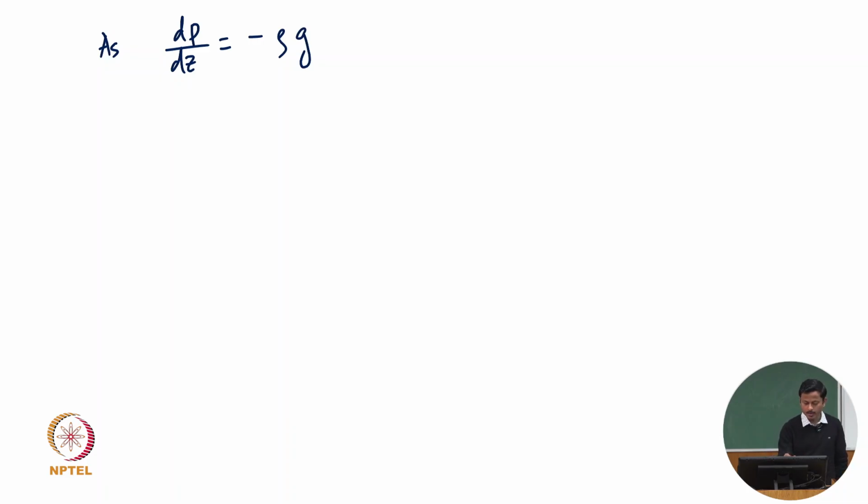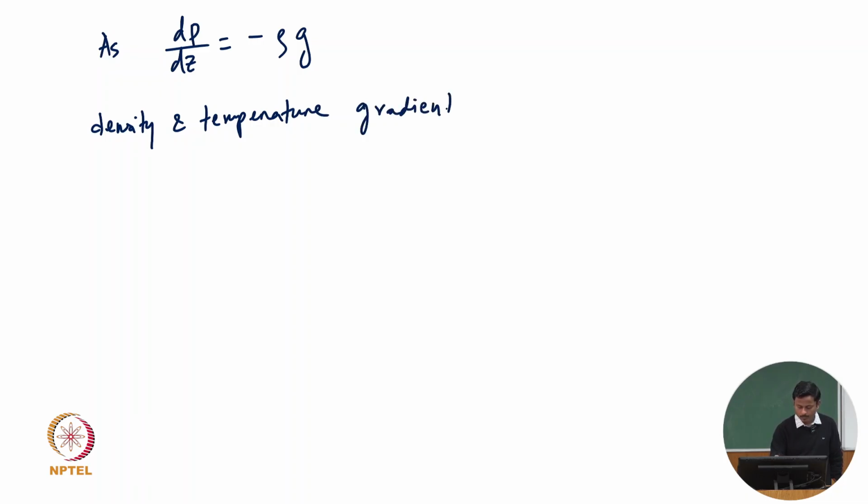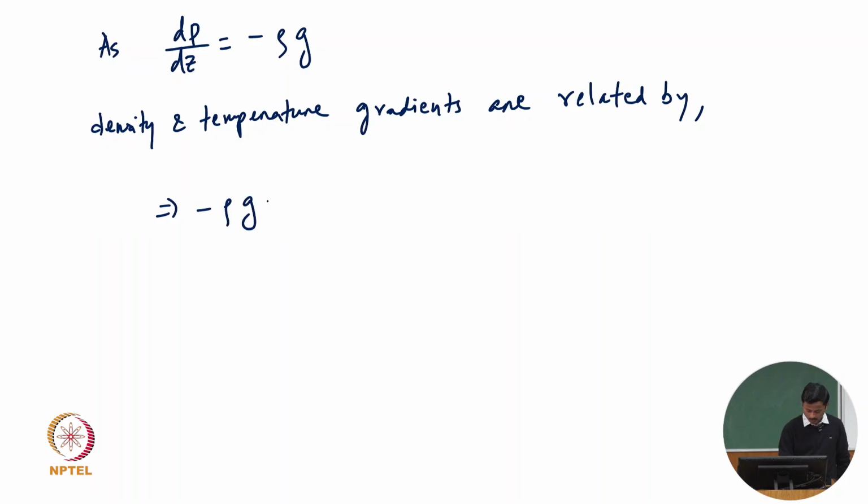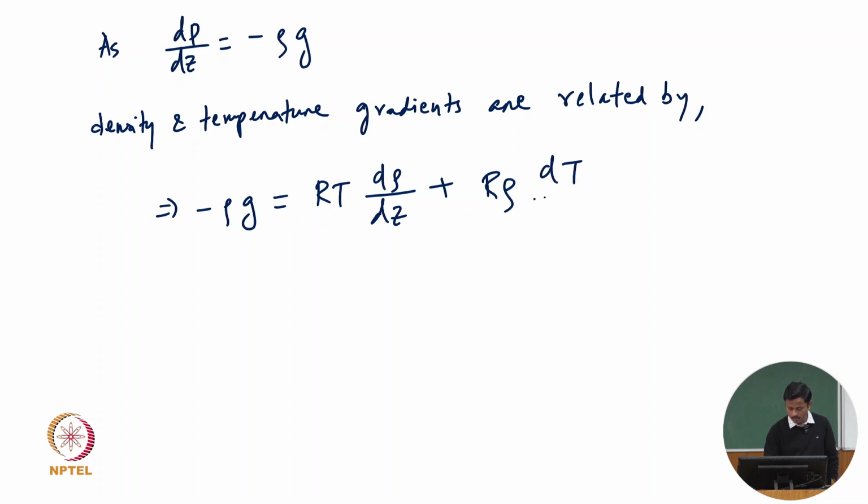So density and temperature gradients are related by minus rho g equal to RT d rho by dz plus R rho dT by dz.